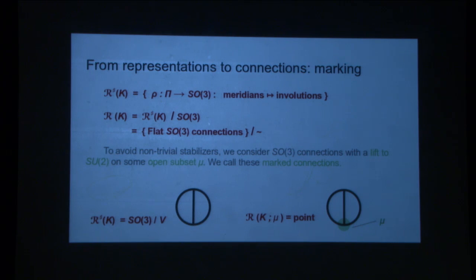I'll call these marked connections. A marked connection, typically in this situation, will have no stabilizer. There will be isomorphisms between two of these gadgets. If an isomorphism exists, the isomorphism is unique. That's a better way of saying it. So in this example, the representation variety divided by the full isomorphisms is just a single point, but a point with no automorphisms now.